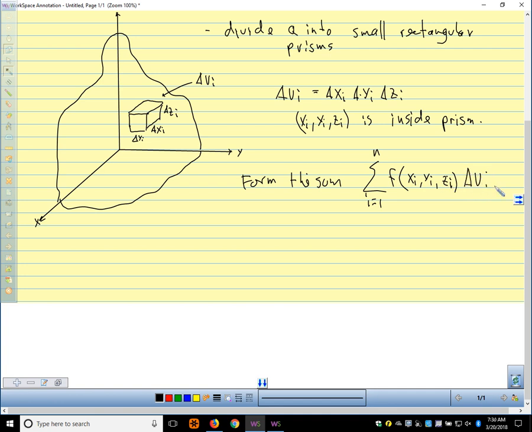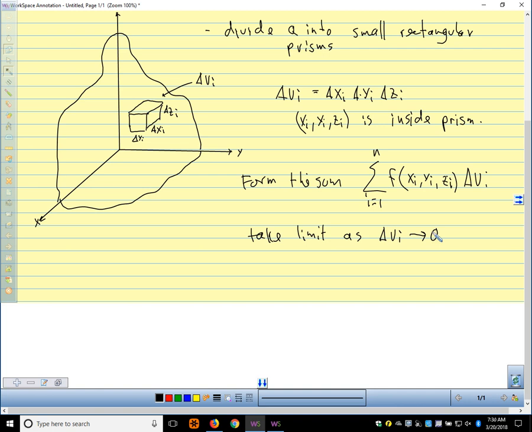This f function could be various things. It could be a density. It could be a charge per unit volume. It could be some other quantity in that volume. So we're multiplying some function times the volume there, and we're going to take the limit as delta V sub i approaches 0.